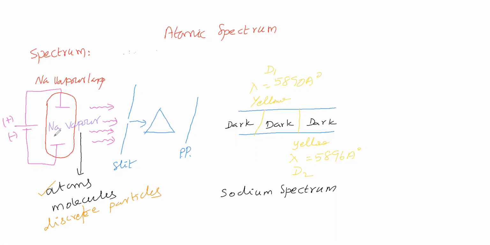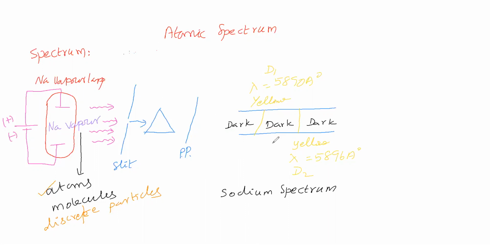Sodium vapor contains sodium atoms, so sodium atoms give this spectrum. This spectrum is an example of which type?